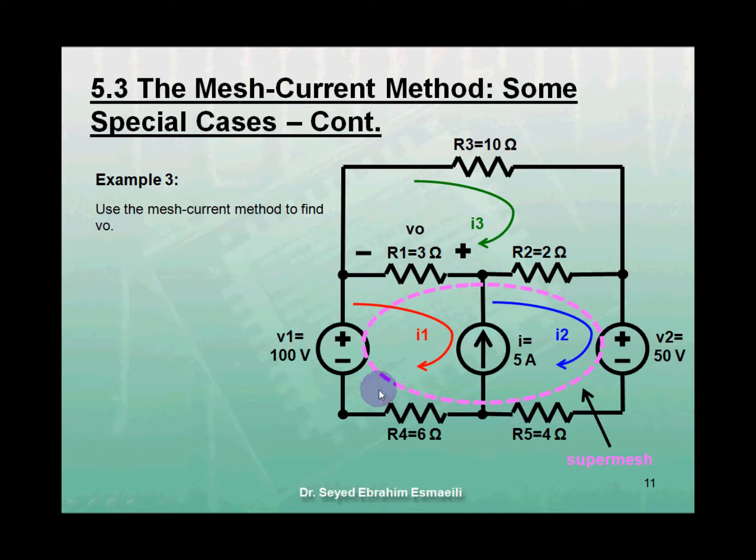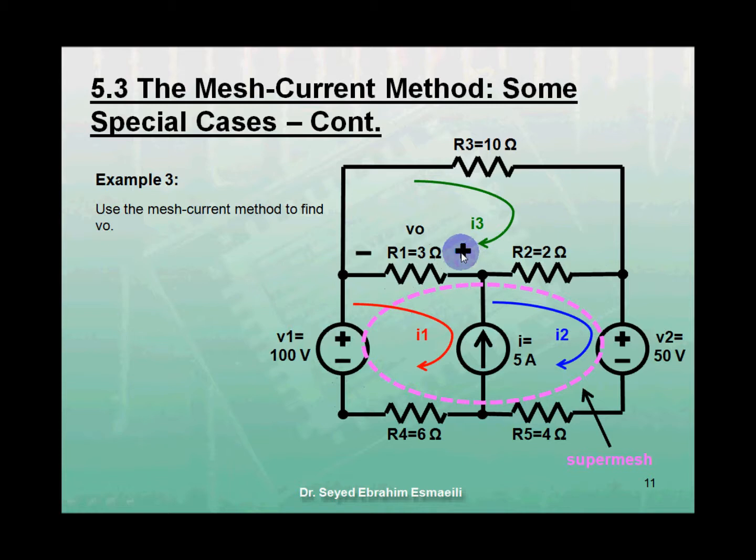Applying KVL on the super mesh, we get the following equation: minus V1 plus R1 times (I1 minus I3) plus R2 times (I2 minus I3) plus V2 plus R5 times I2 plus R4 times I1 equals 0.